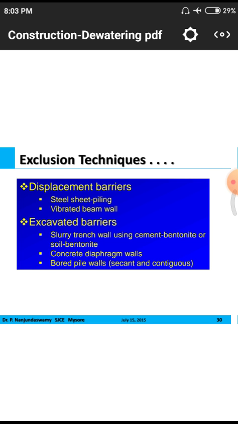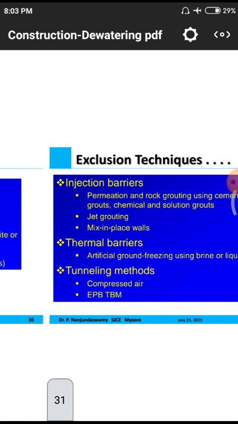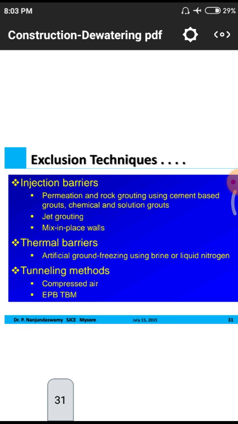Bentonite is a chemical material with a tendency to arrest water. Next, concrete diaphragm walls and bored pipe walls. All those are different techniques. We will cover them separately in the future chapters, the third, fourth, fifth and sixth chapters.